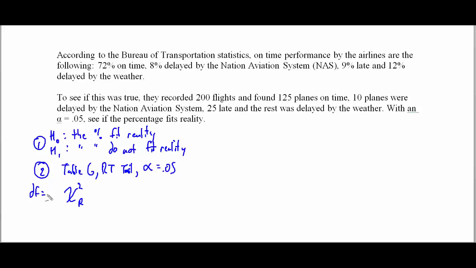Degrees of freedom is going to be 3, because we have 4 categories, 1, 2, 3, 4, so n minus 1, which gets us our degrees of freedom, is 3. So if I look at 3 degrees of freedom at a right tail test with an alpha of 0.05 or 5%, that gets us a critical value of 7.815.